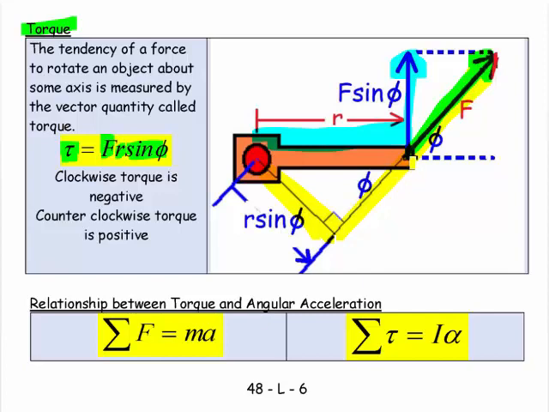Either way I get the same answer, because this is F sine theta, and this is R. So I have F sine theta times R. And in the yellow version, I have R sine theta, and this is F. So either way I get the same magnitude.